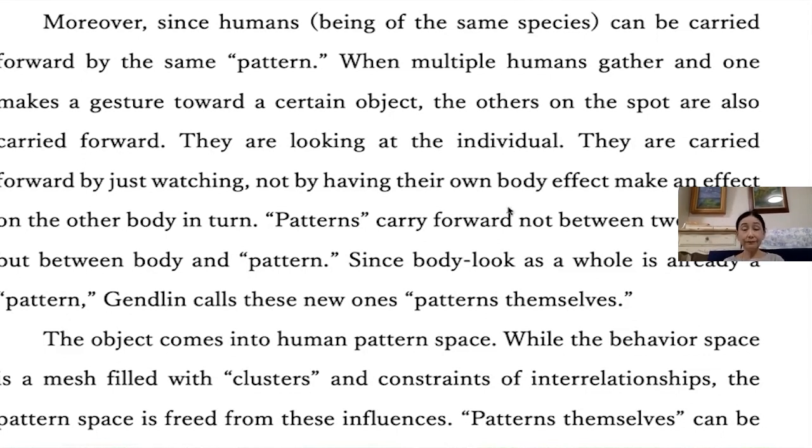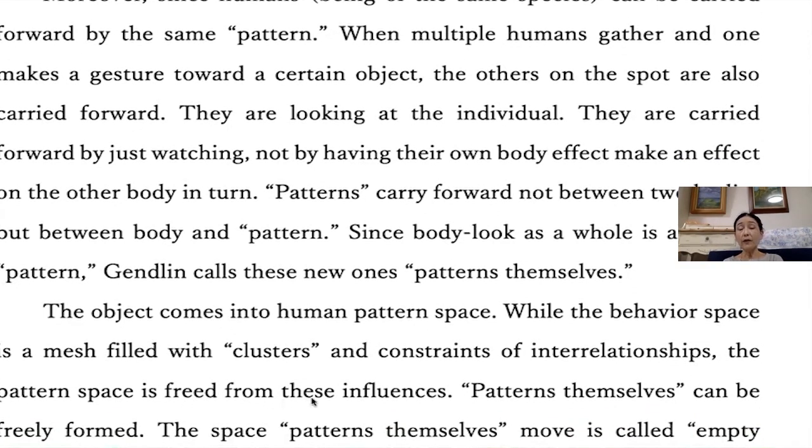Okay, thank you. The object comes into human pattern space, while the behavior space is a mesh filled with clusters and constraints of interrelationships. The pattern space is freed from these influences.